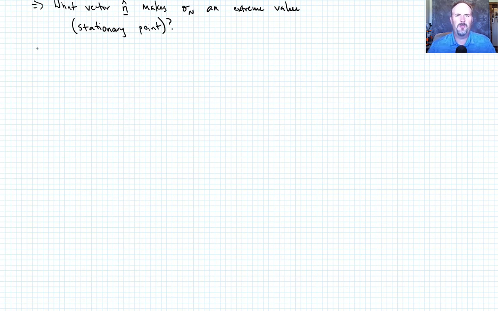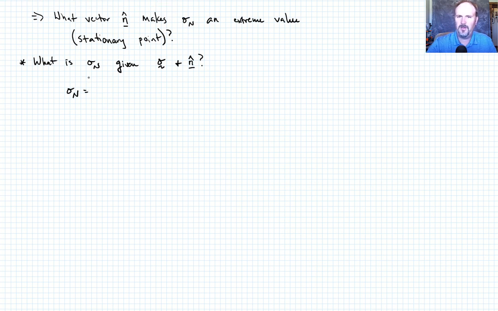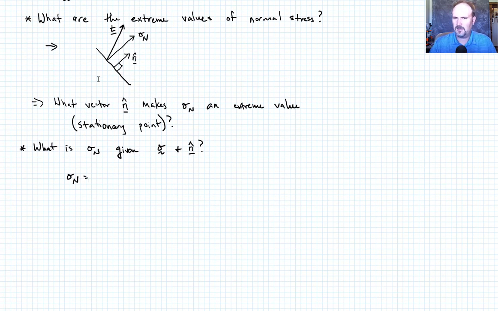So the first thing we want to be able to talk to is just answering, if I pick n, what's the normal stress on it? So the first question we want to answer is, what is sigma n given some stress tensor sigma and unit normal n? Okay. So we can write sigma n, and let's just scroll back up really quick to see what that picture looked like.